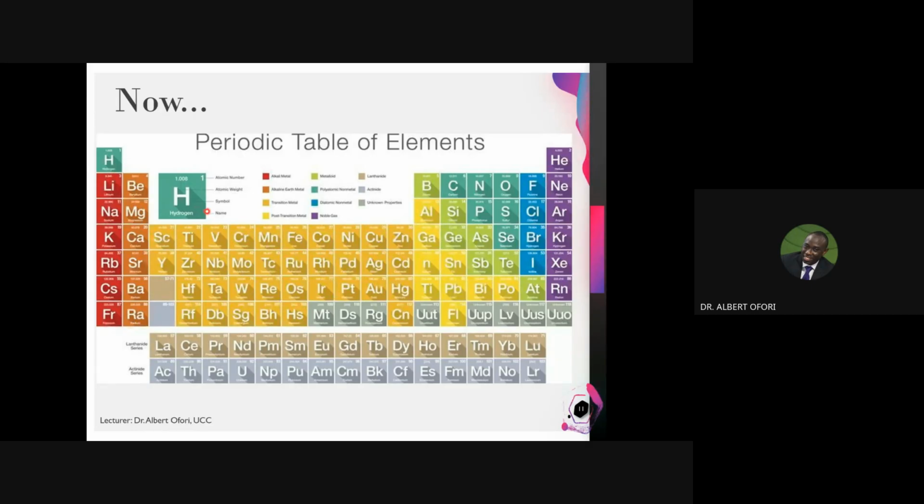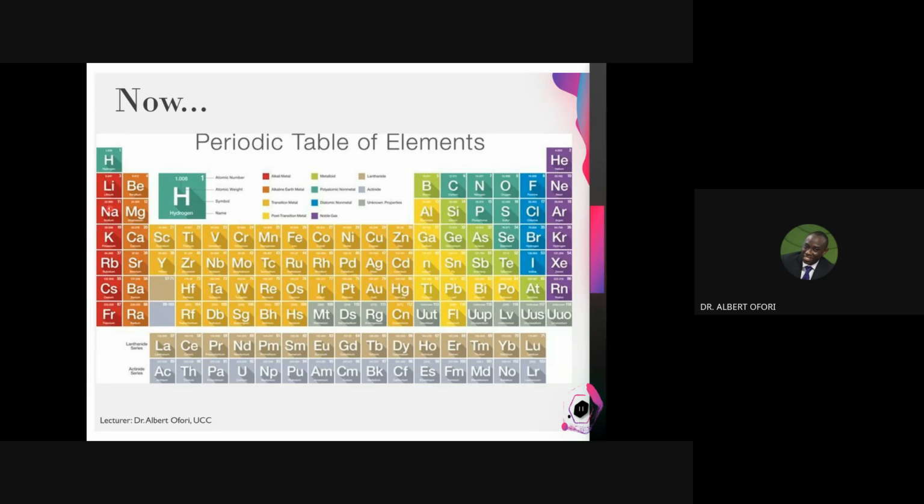So we have I for group 1, II for group 2, then group 3, 4, 5, up to 8. To differentiate that, we use A for the main group and then B for the transition elements. So we can have 1A, which is for the main group, and we can have 1B, which is for the transition group.